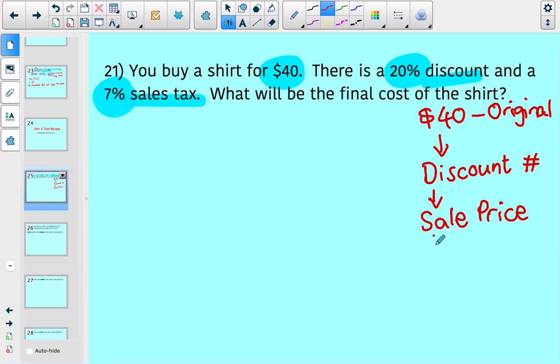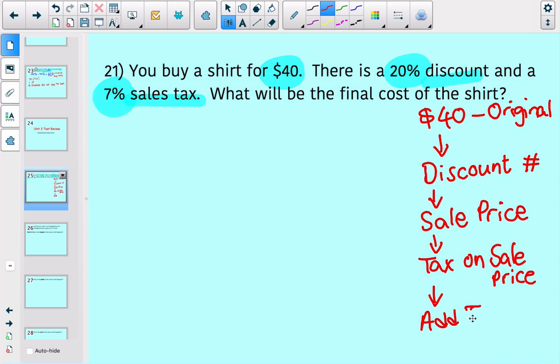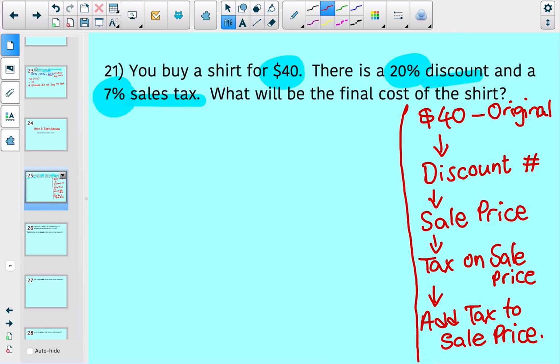Then I have to calculate my tax on the sale price, not on the final price, not on the original price, but on the sale price. And my final step is going to be add tax to sale price. All right, so those are my game strategy. Those are my strategy that I have to tackle this question.